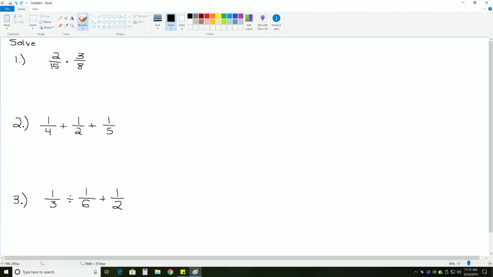There is not a common multiple, meaning there's nothing that divides 2 that also divides 15 evenly. So this fraction is simplified. Now we'll check the second fraction, 3/8. Again, there's nothing that divides 3 and 8 evenly. So this second fraction is also simplified.